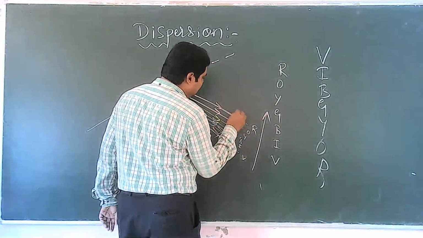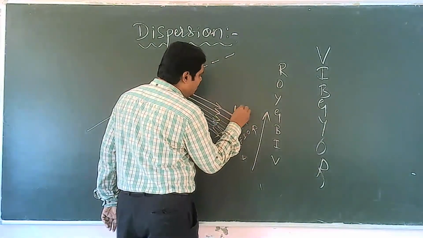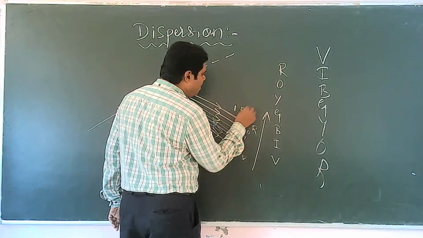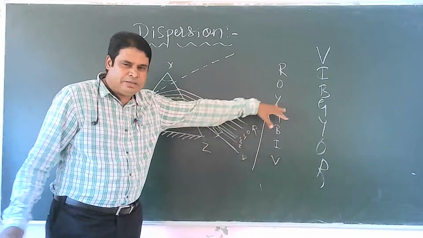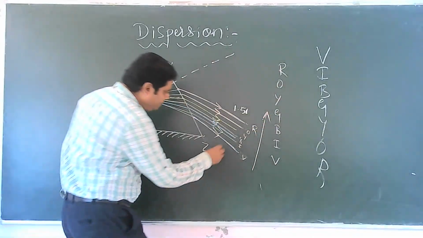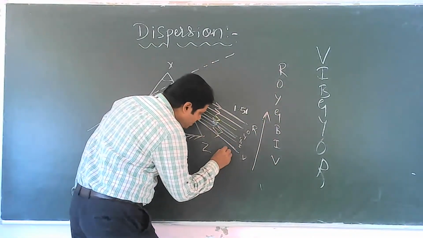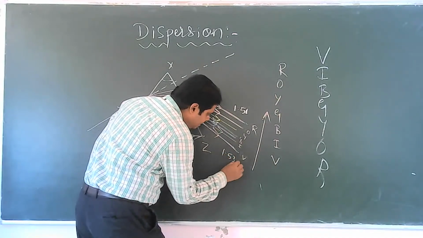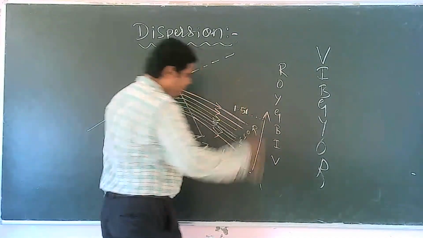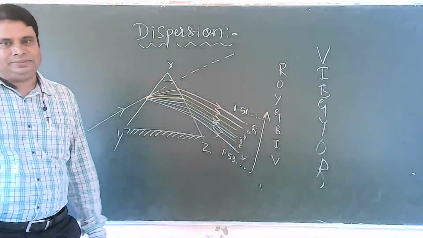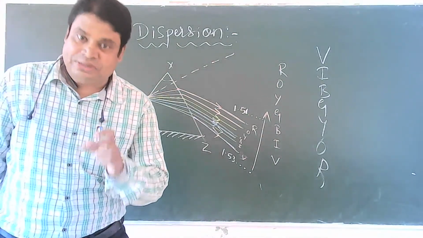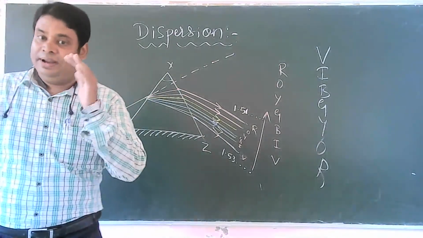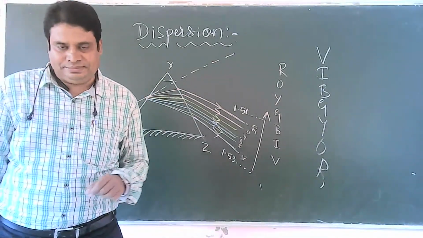Say, the refractive index of red light is around 1.51. Roughly, it has some value 1.5 and something. The refractive index of violet is 1.53. Hope you understand. Refractive index of the medium for different colors is different.